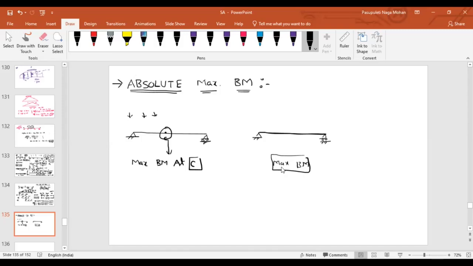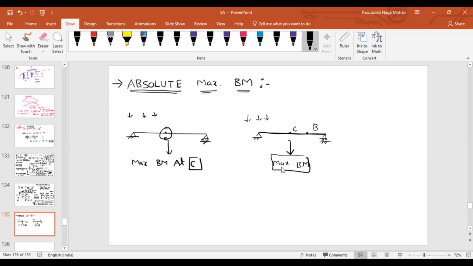On the entire beam, what is the maximum bending moment that is possible if the loads are moving? Here we are not specifically talking about a point. We are not talking about point C or any particular point. Over the entire beam, what are the maximum values that can be possible?